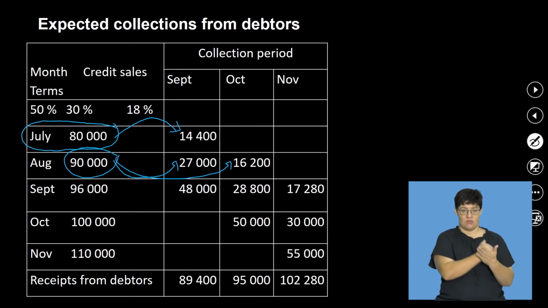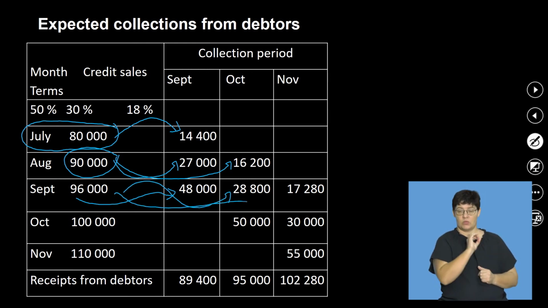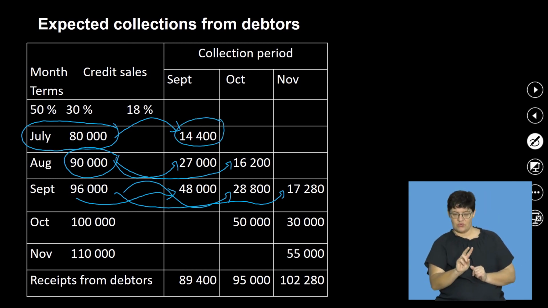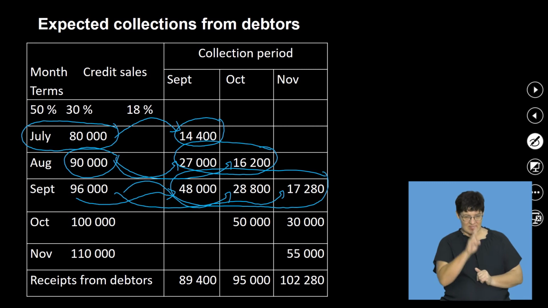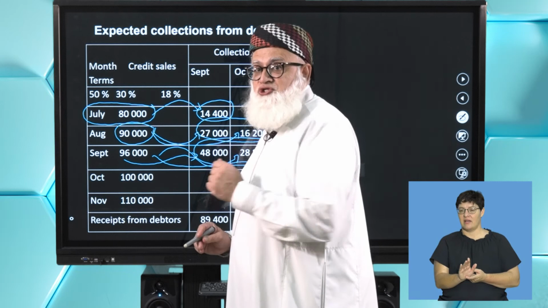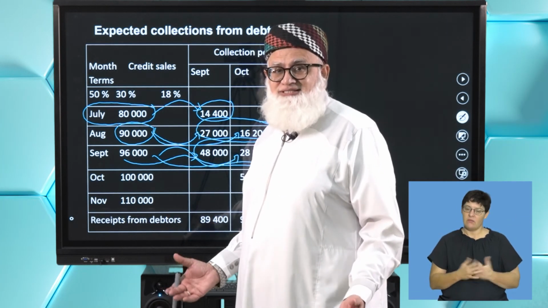Then I went to September, and it would be obviously in September, in October, and in November. Notice the pattern on your calculation. Watch. 1 month, 2 months, and 3 months. Can you see the pattern? It also gives you an indication to see if you are doing the correct calculation or not, right? It's just something you can use as an examination technique.